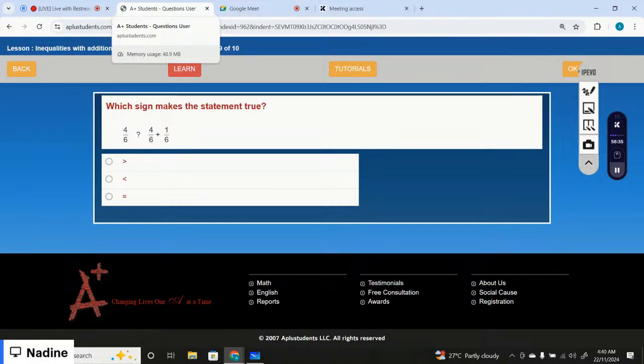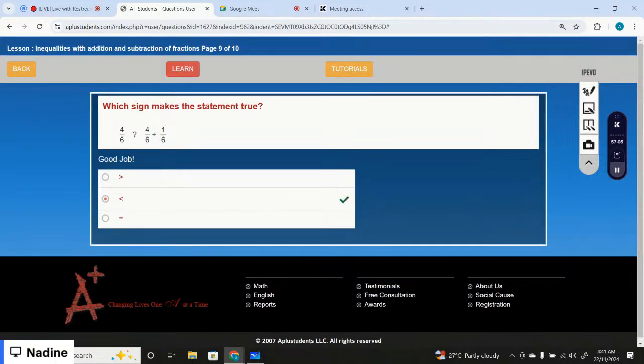4 over 6, you have to compare it to 4 by 6 plus 1 by 6. So which is the correct option? That is 4 by 6 is less than 5 over 6.